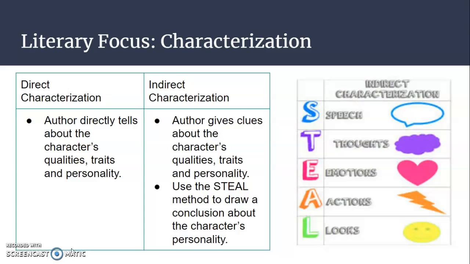You know, we want to know things like, what do the other characters say about this particular character? What do the character that we're analyzing, what are their dreams and aspirations? So we're looking at those things to determine the personality of this character indirectly.